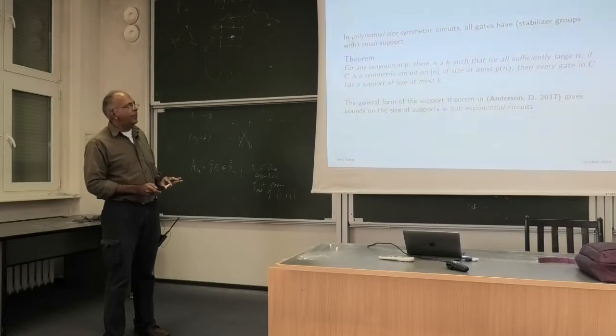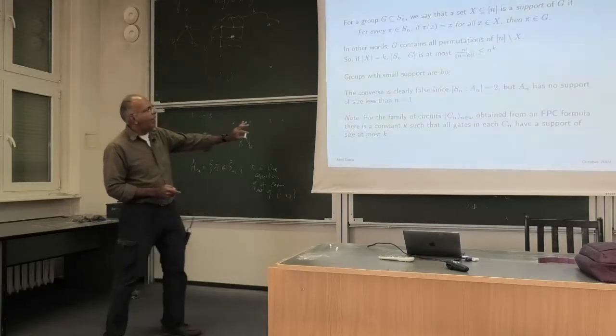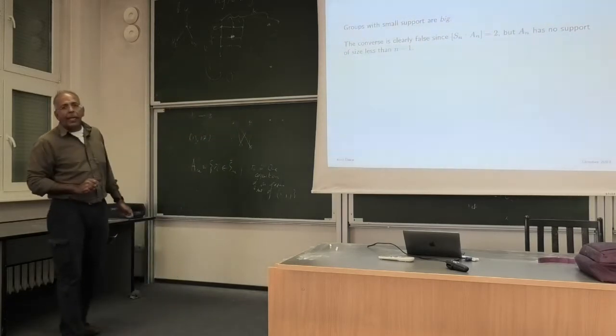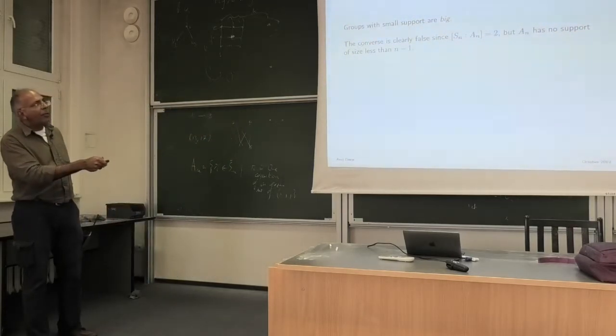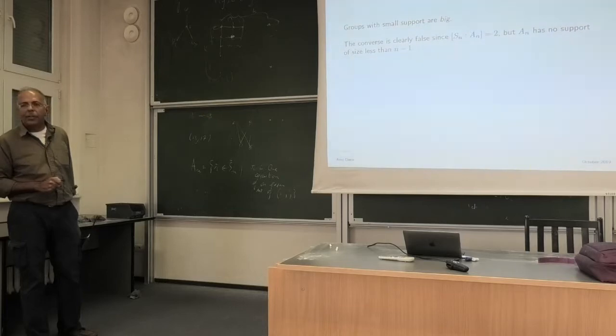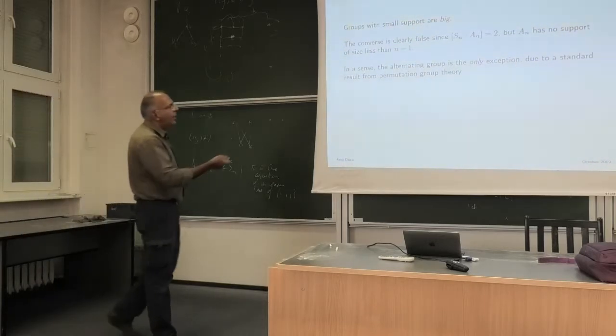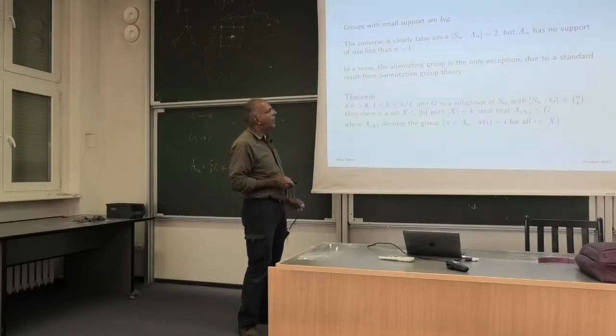I said groups with small support are big, and the converse is false because this alternating group is a counterexample. But it turns out this is the only counterexample, in a sense. This is the fact I discovered reading a textbook on permutation group theory.